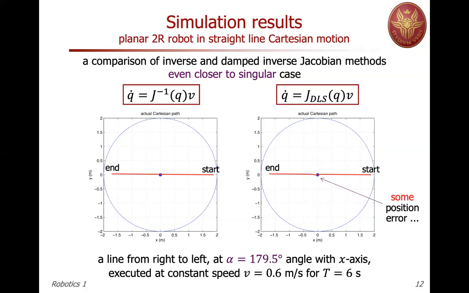This is exactly the purpose of this other simulation. If you compare the motion, now I don't show in this slide the stroboscopic view, but we will see it immediately after.